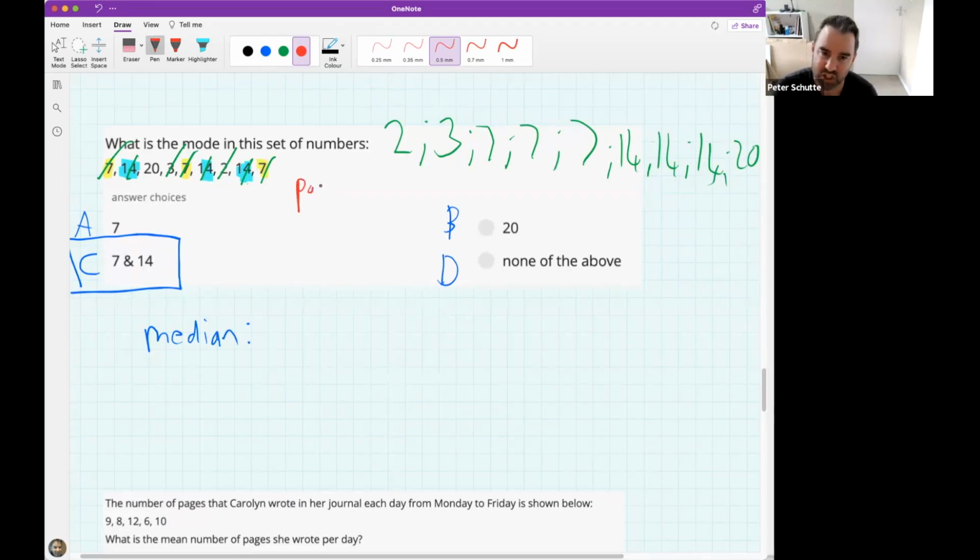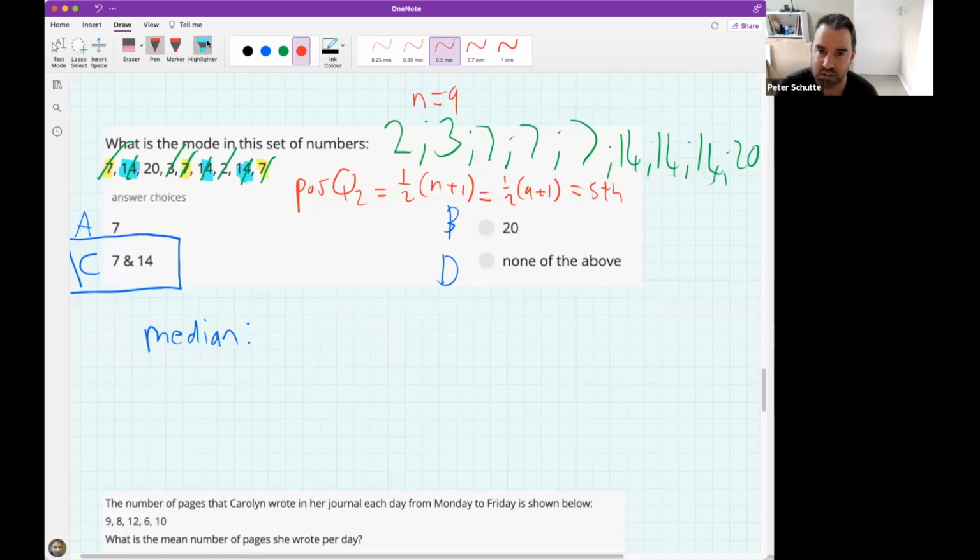So the position of the median, I'm using the symbol Q2 for the median, the position is going to be a half times n plus 1, and n is 9 because there's 9 items in the data set. So position is going to be the 5th position.